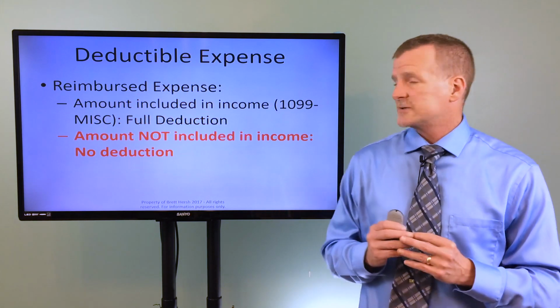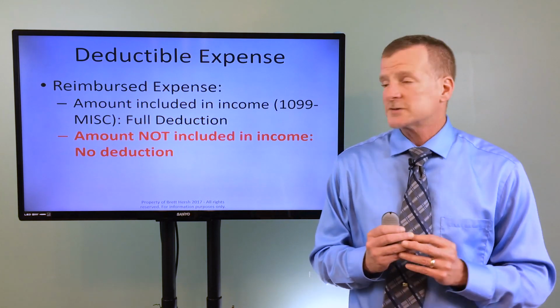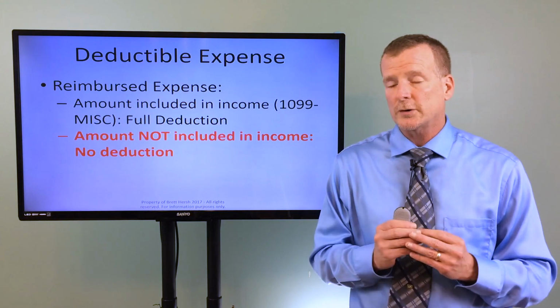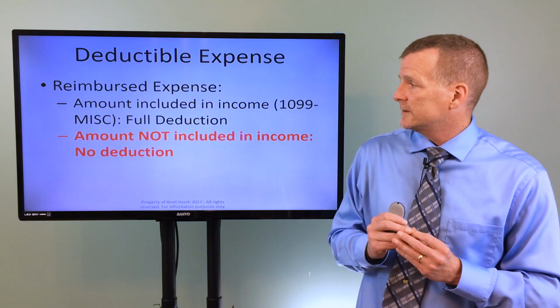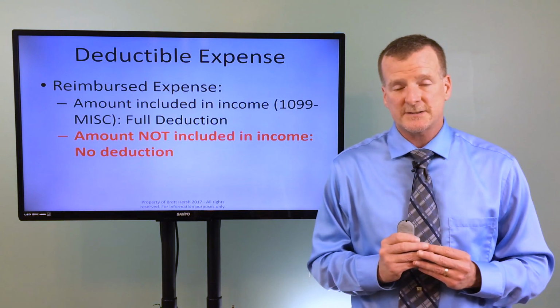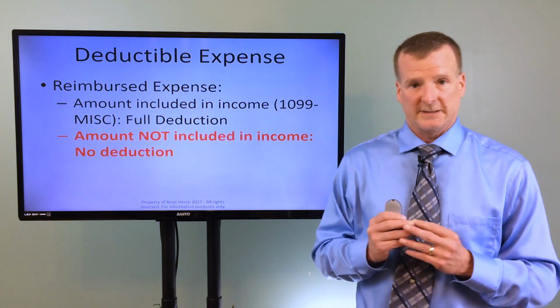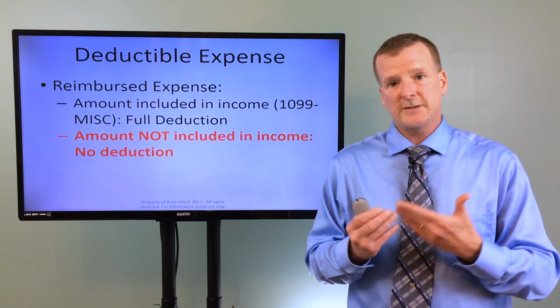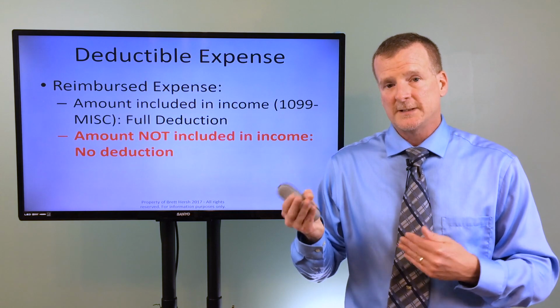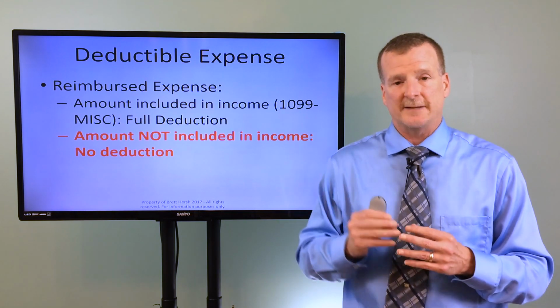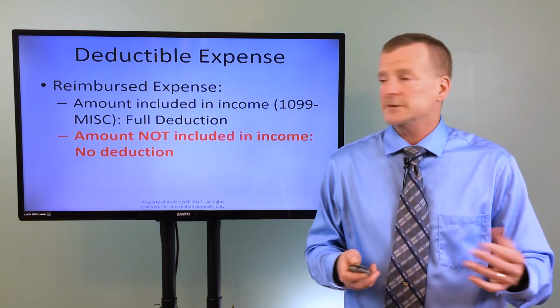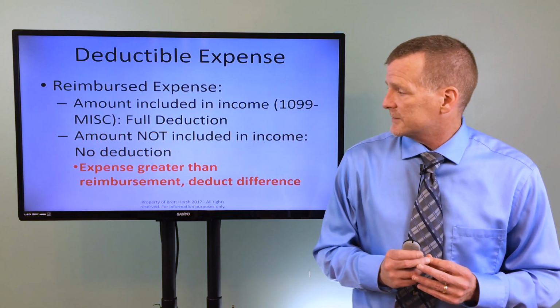However, if that amount is not included in your income, and most likely that reimbursement from your broker, if they do not include it on that 1099 miscellaneous, you do not get a deduction for that, because they have paid you back and they didn't include it in your income. You got paid back for it. So it's basically a wash, tax-wise.